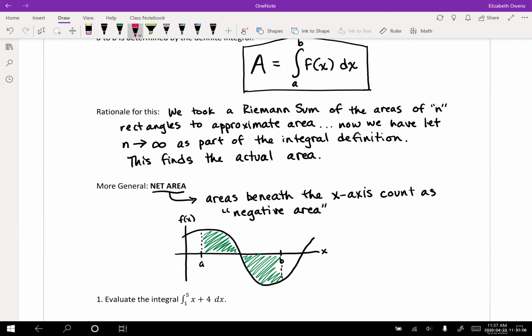But this area up here would count as positive, and this area down here would count as negative area. So actually, the way I've drawn that, the two of those would probably just kind of cancel each other out. Or we might even have a little more negative area down there than positive. So that's the idea here. I'll shade this in, that way you can see what that negative area is. And then this is positive up here.